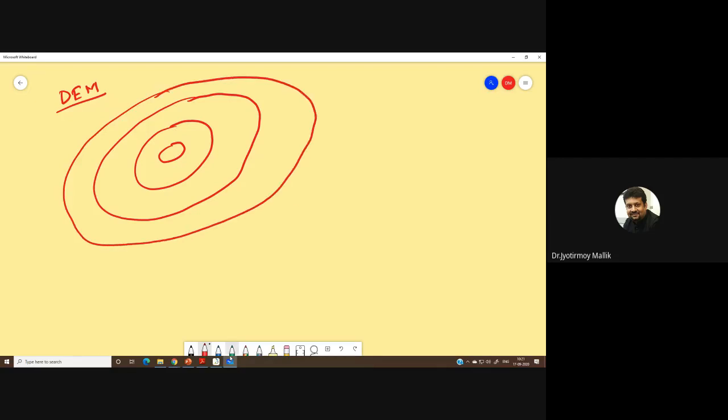Say this is 800 meter, 700 meter, 600 meter, 500 meter. Okay, and suppose here is your point P. Okay, so if this is your point P, that means this is the extra mass.